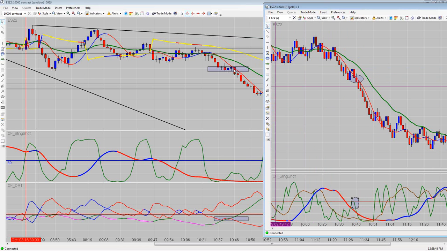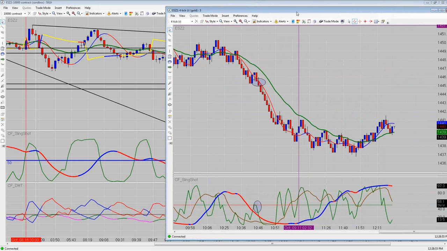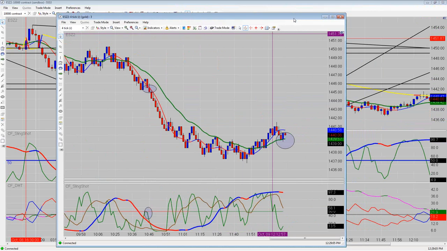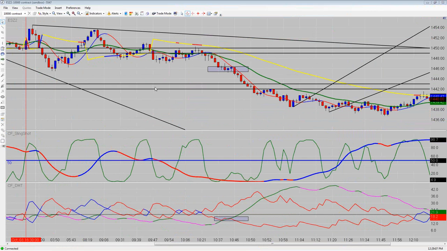You couldn't get in on the pullback, but you could get in on a momentum trade on the 4-tick range. There's an opportunity again right here. This is the ES 4-tick range. We don't normally look at it all that often, but I wanted to point out that there was a way to get into this big move down.